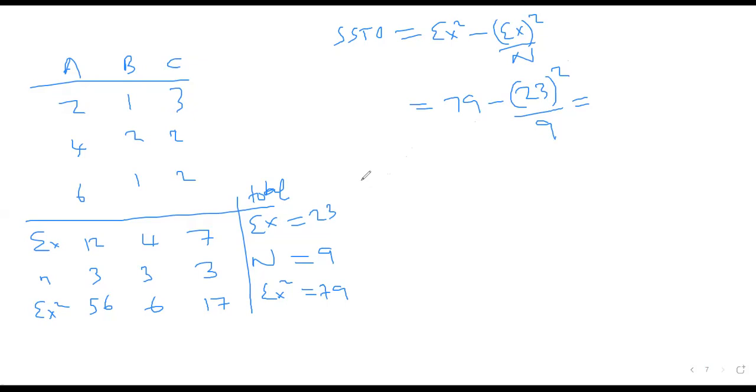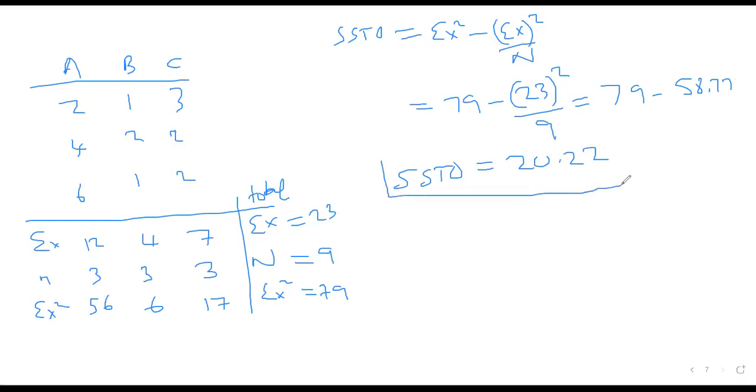Calculate for me. 23 squared divided by 9 is about 58.78. So we get 20.22. This is how we find the sum of squares total.